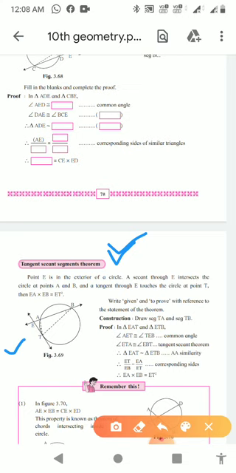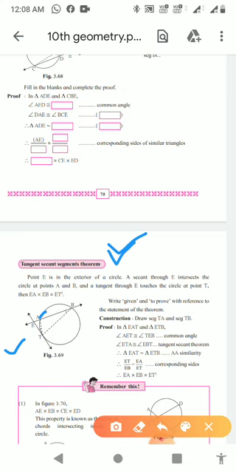In order to prove this, I have to draw some construction here. I have to draw segment TA. I am going to join these 2 points, point A and point T. T is the point which touches the circle because of tangent ET, and A is the point which touches the circle because of the secant, isn't it?